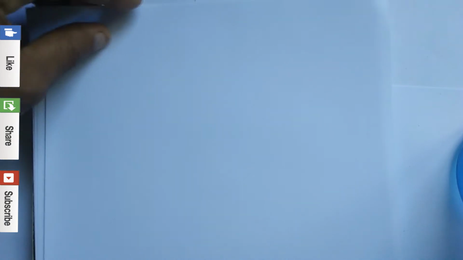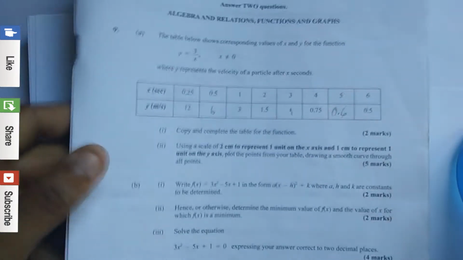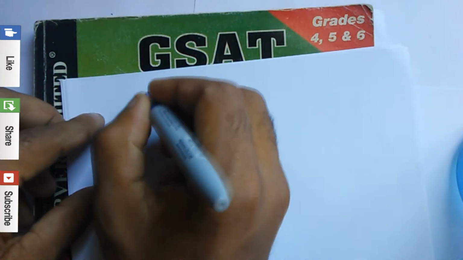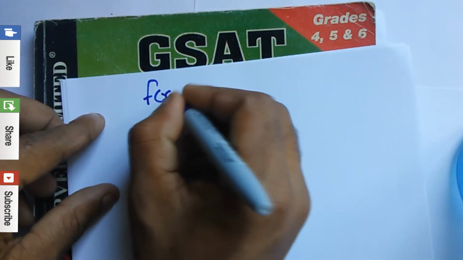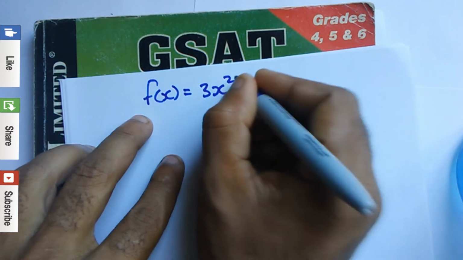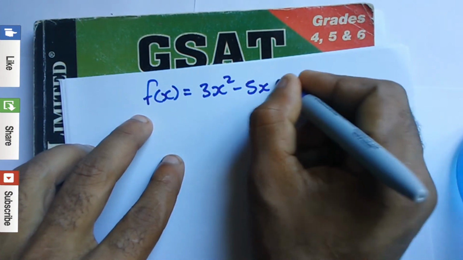So let's get into the question. As I said before, you have to remember, you can pause the video, attempt the question, then check to see if your answer is correct. So I'm going to write this out. I'm going to have f of x equal to 3x squared minus 5x plus 1.